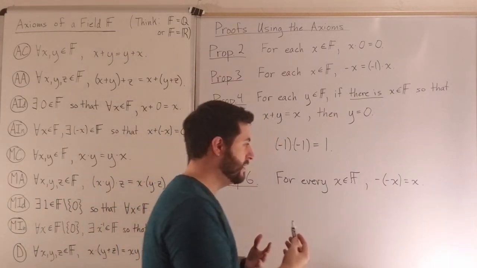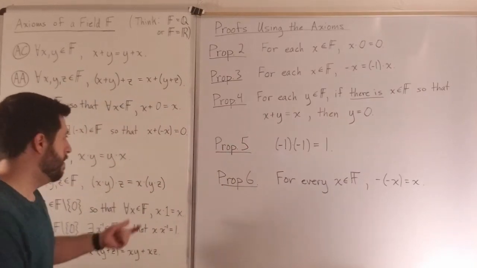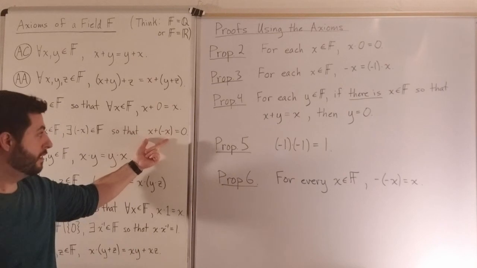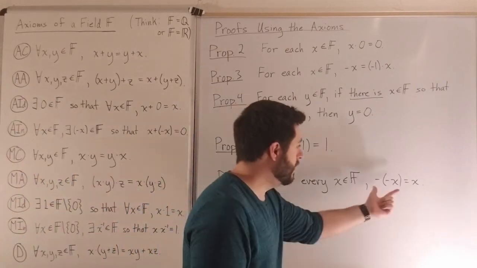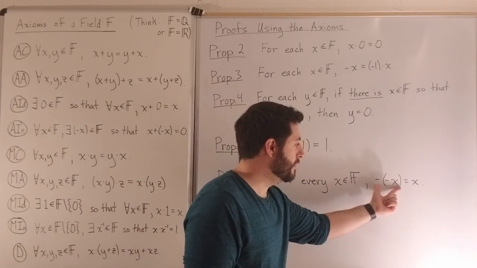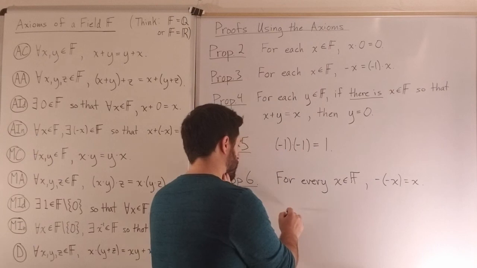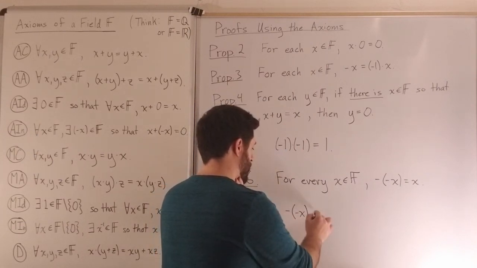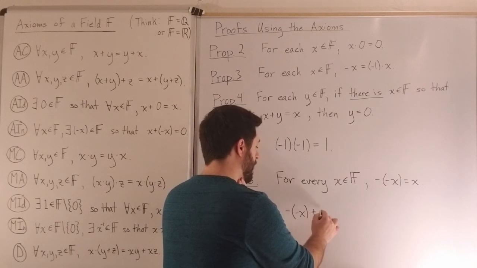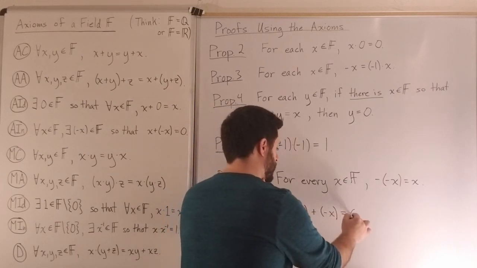So what is the thing that defines the opposite of something? Well, it's this equation right here. Okay, so I know that if I take this and add it to the opposite of x, I should get 0. Okay, so if I take this and add it to the opposite of x, I should get 0.